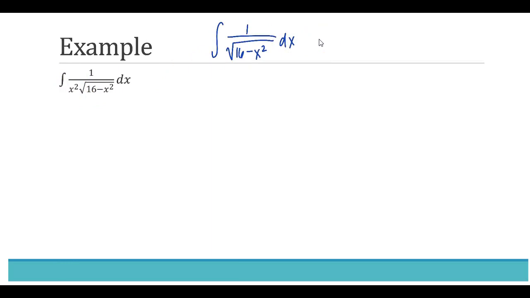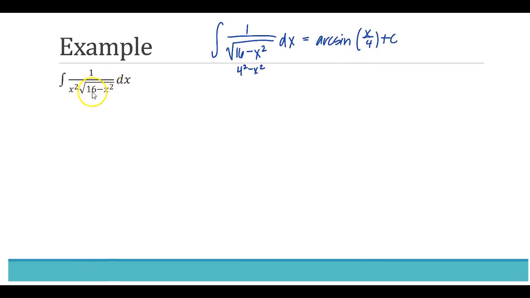If we look at our table of general antiderivatives, this would become arc sine of x over 4 plus c, because 16 is 4 squared minus x squared. So we do have this general antiderivative here, and it is arc sine. That can help you figure out which substitution to make.